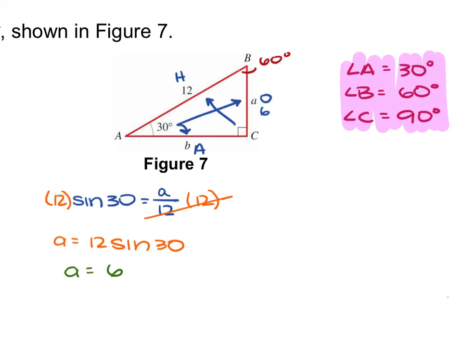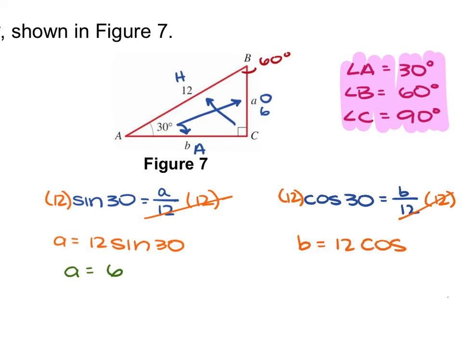So if we do the cosine of 30 degrees, remember, adjacent over hypotenuse, that's B over 12. We multiply each side by the 12 to get rid of that fraction, and we just have B is equal to 12 cosine 30. Use your calculator. 12 cosine 30 gives us 6 square root 3.